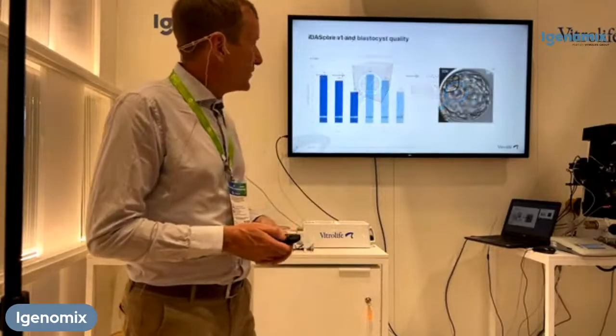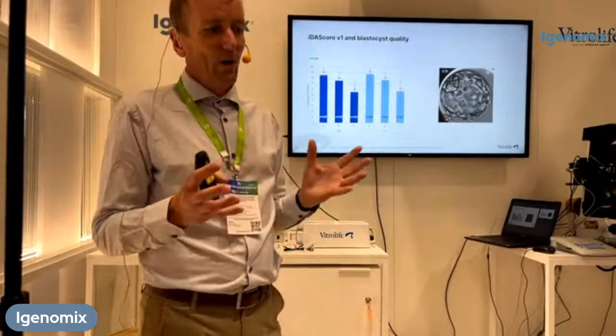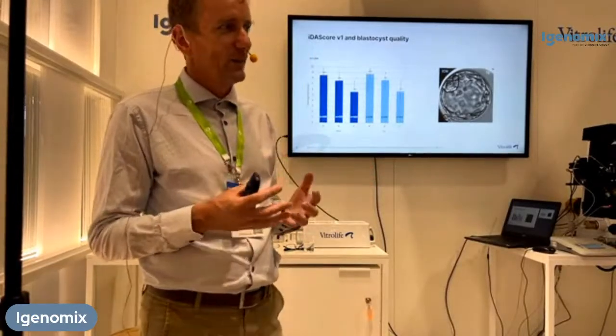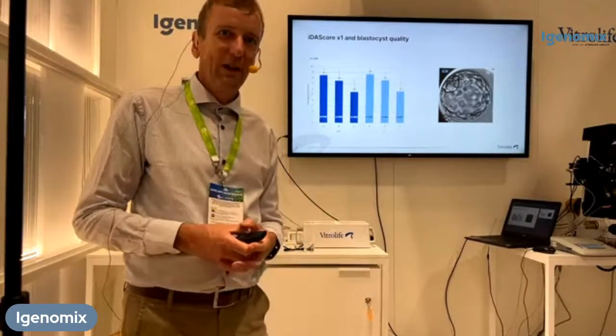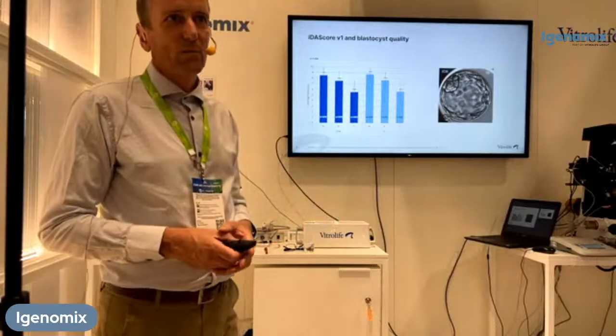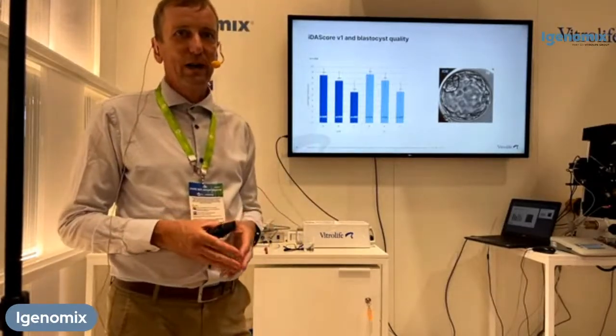So what we have done is investigate how iDAScore correlates with things that we already know in our daily procedures are important for implantation. First we looked at the blastocyst morphology or Gardner score and saw how that correlates with iDAScore.